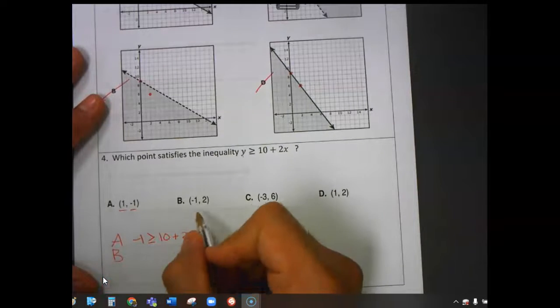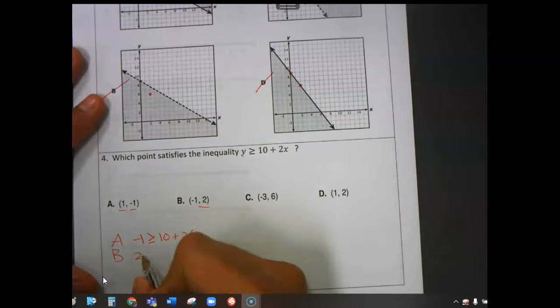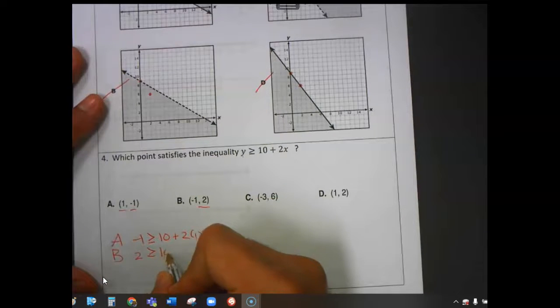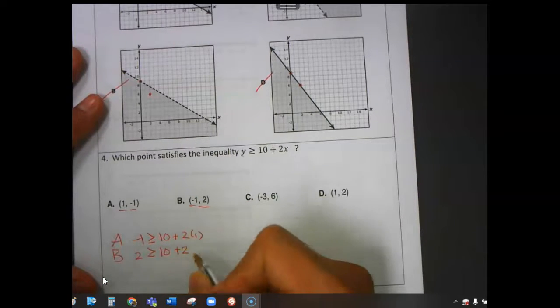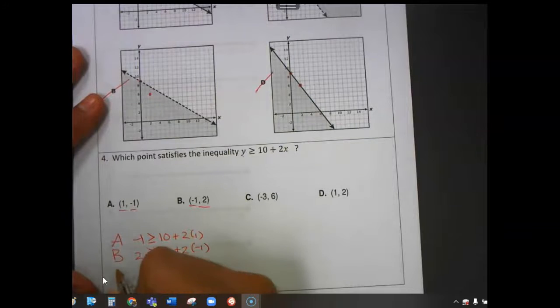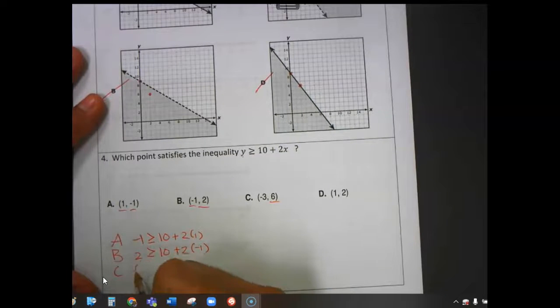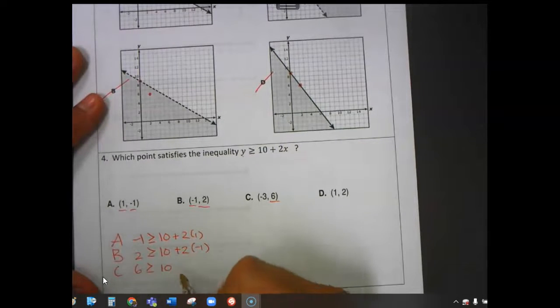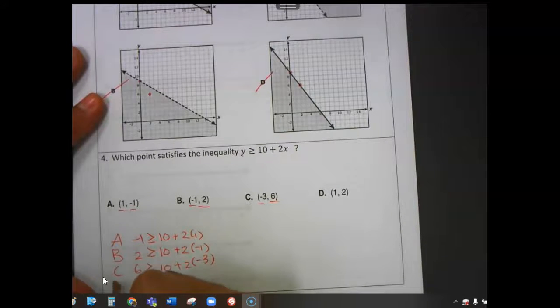For B, 2 greater than or equal to 10 plus 2, and the x value is -1. C is 6 greater than or equal to 10 plus 2, the x value is -3. And then D, 2 greater than or equal to 10 plus 2, the x value is 1.